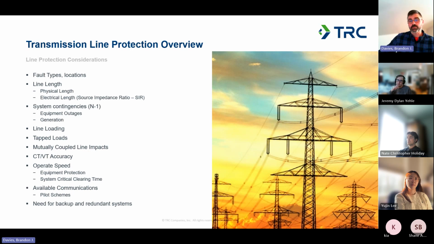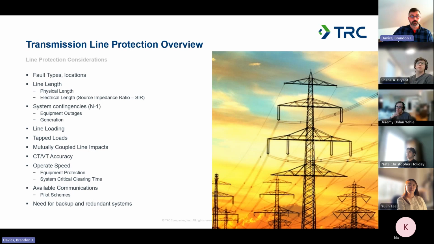System contingencies, so this is the equipment outages, generation dispatch. You need to make sure you understand your line loading. How much load and power can this transmission line transmit? Is it built to transmit, so that you can make sure that the protection you apply doesn't trip it off under load. You may have tapped loads.